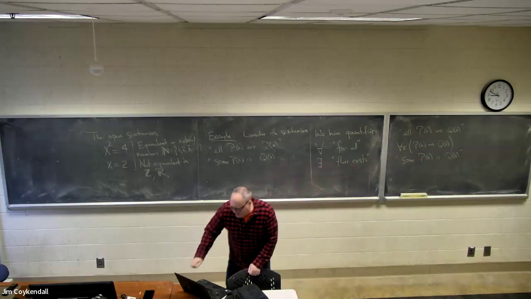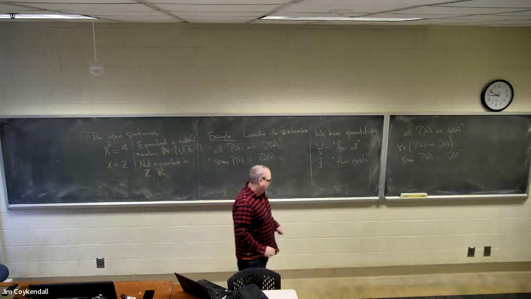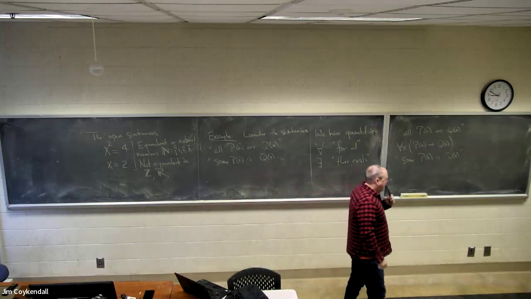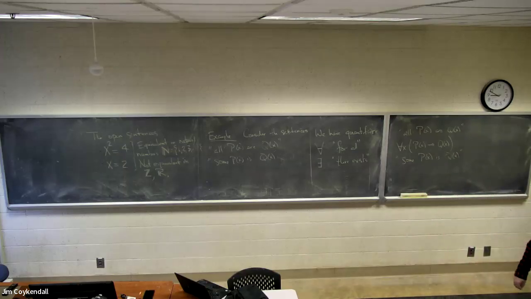How would we write that? I'm tempted to write, there exists X, P of X implies Q of X. Gotta be careful about that.